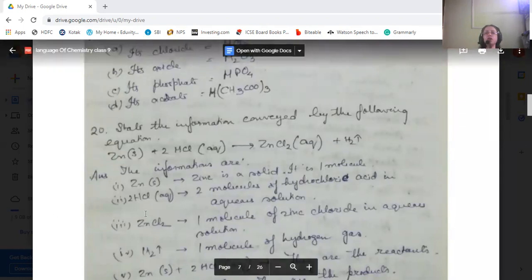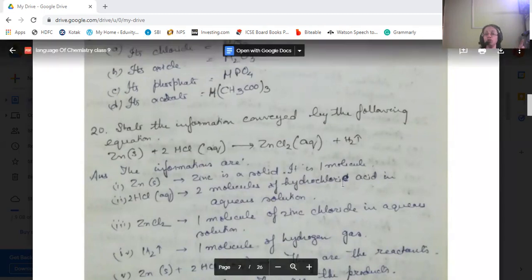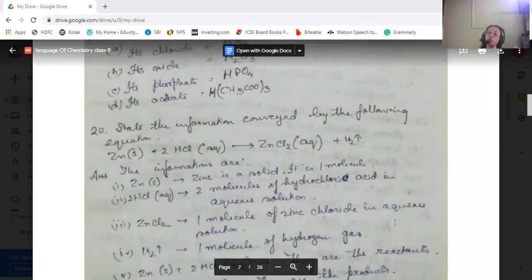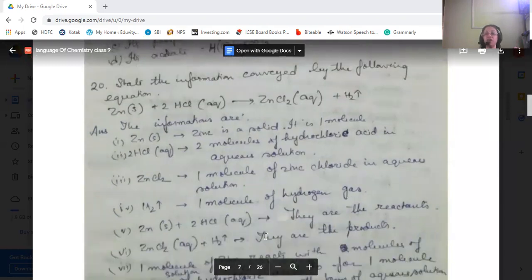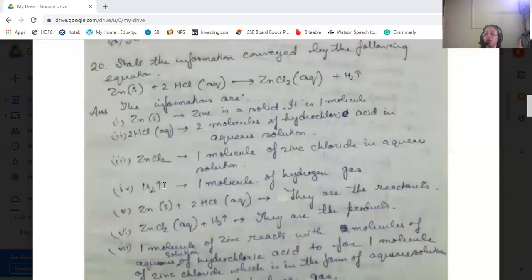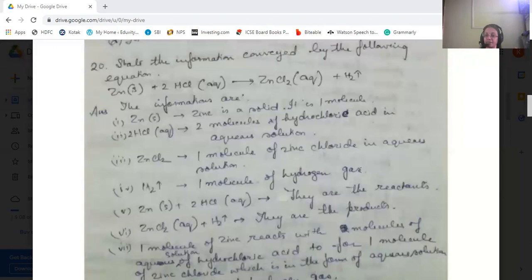Now 2HCl with AQ in the bracket means 2 molecules of hydrochloric acid in aqueous solution. Then ZnCl2 means 1 molecule of zinc chloride in aqueous solution. Then H2 with an upward arrow means 1 molecule of hydrogen gas.